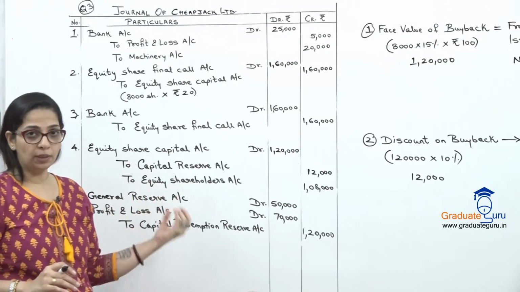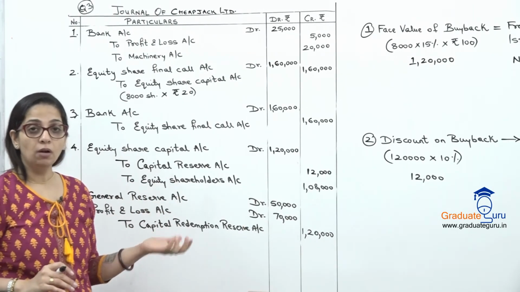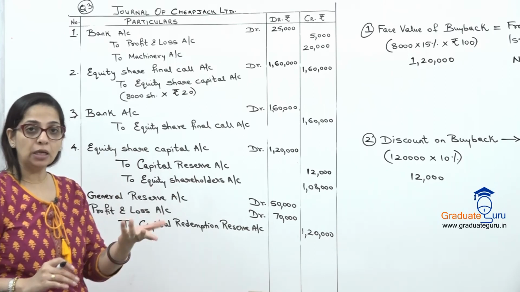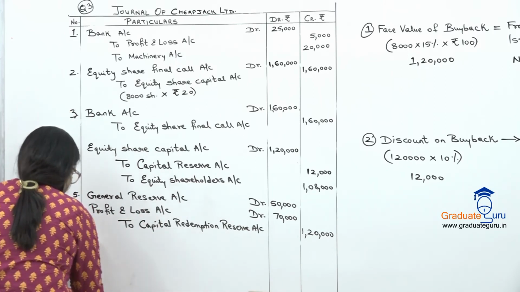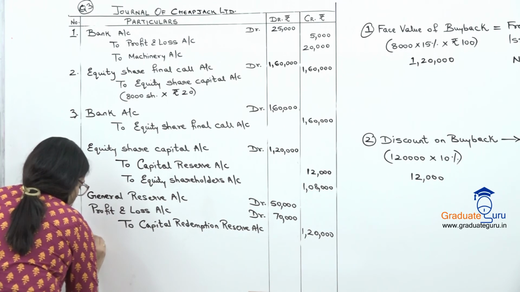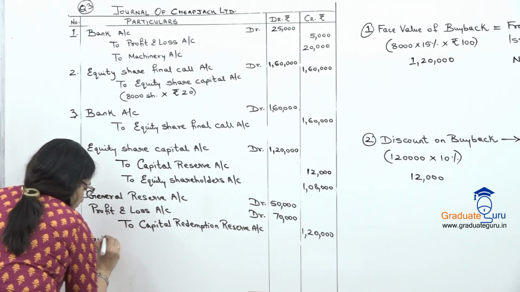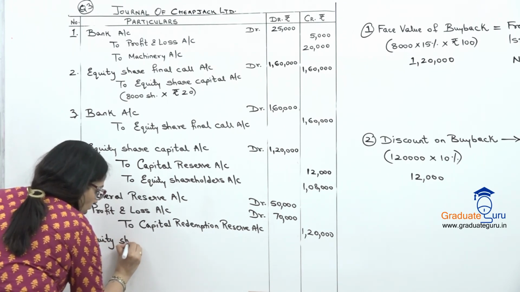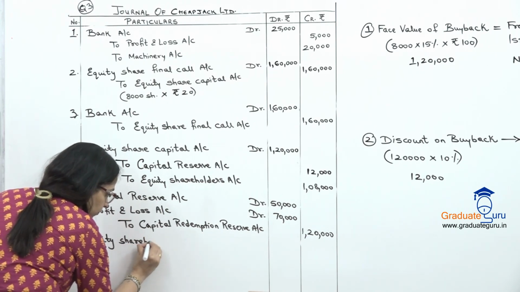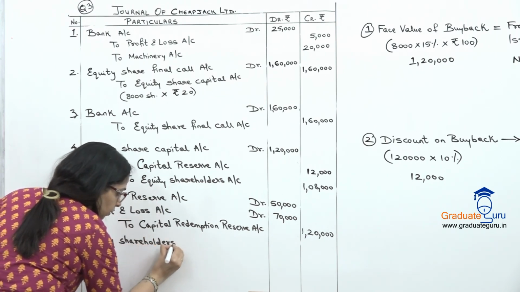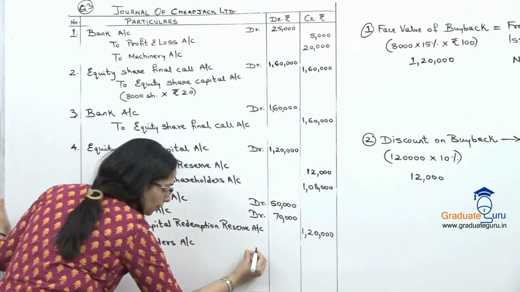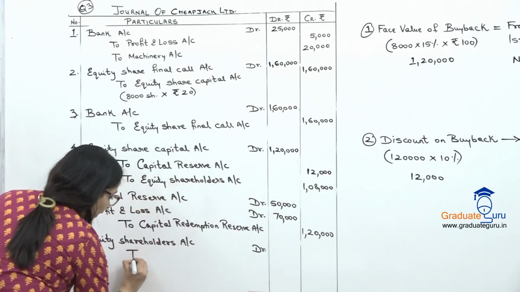There is no premium, so the premium entry is not there. What we now have to do is make the payment. So last entry for payment. Whom are we paying to? Equity shareholders account. So equity shareholders account debit. And we are paying by bank.